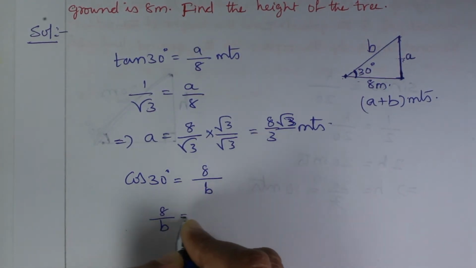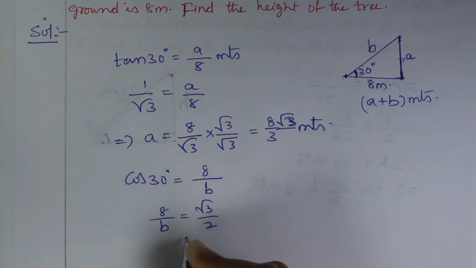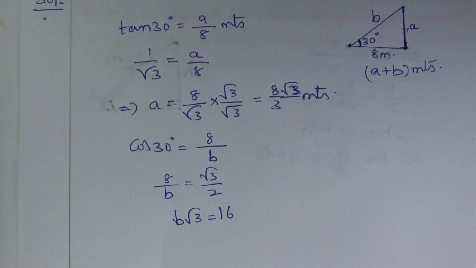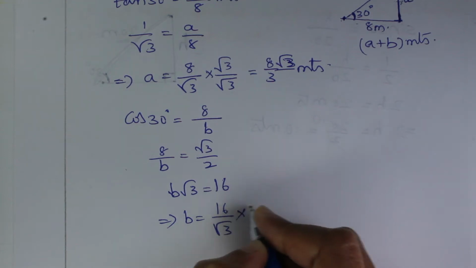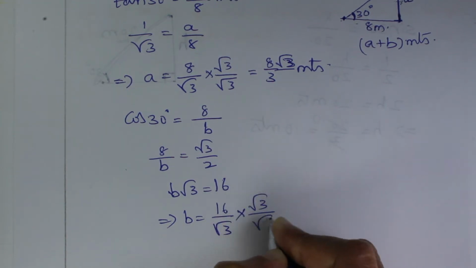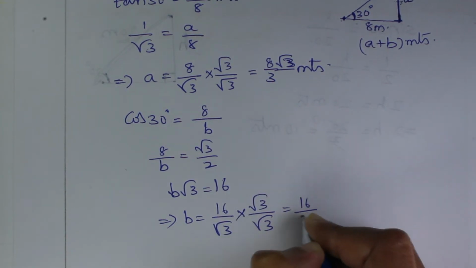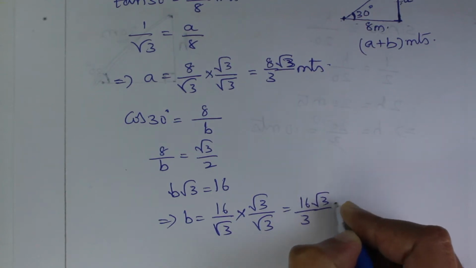So 8 by B is equal to root 3 by 2. B root 3 is equal to 16. That implies B is equal to 16 by root 3. I'll multiply and divide the fraction by root 3, so that is equal to 16 root 3 by 3 meters.